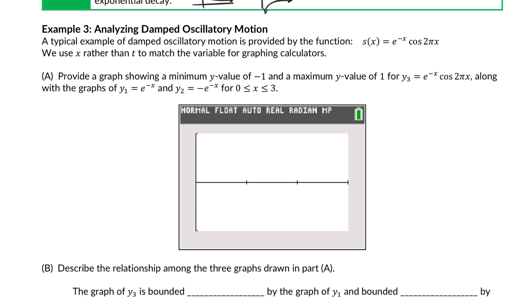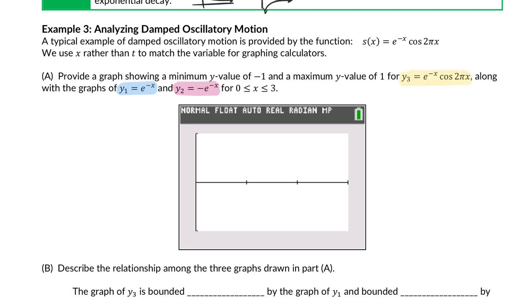A typical example of damped oscillatory motion is provided by the function s of x equal to e to the negative x times cosine of 2 pi x. We use x rather than t to match the variable for graphing calculators, but this could have been a t just like it was in the other examples. Follow along with me because there's a lot of information about to happen. I need you in your calculator to graph this function in y1, this function in y2, and this function in y3, and then pause.